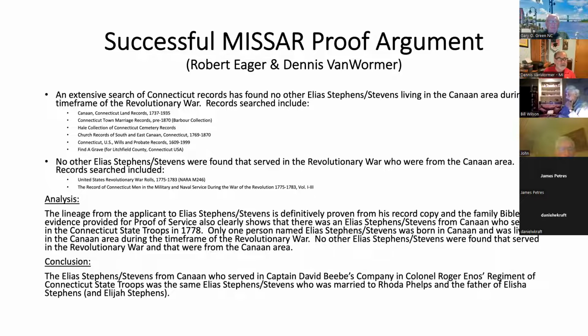We went through the NARA Revolutionary War rolls, the record of Connecticut men in the military, and we eventually were able to show that each of these 3 or 4, I forget how many it was, each of these guys named Elias Stevens from Connecticut served in a different unit, and only one of them served in the unit from Canaan, where he was from.